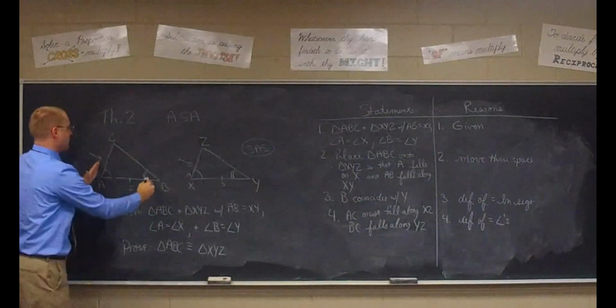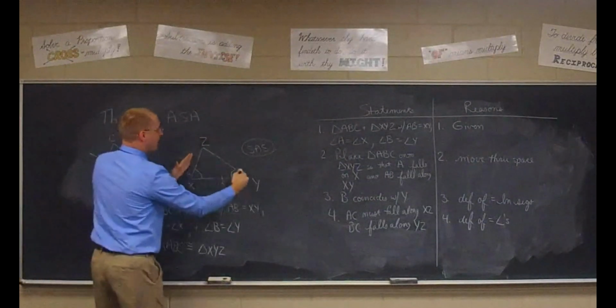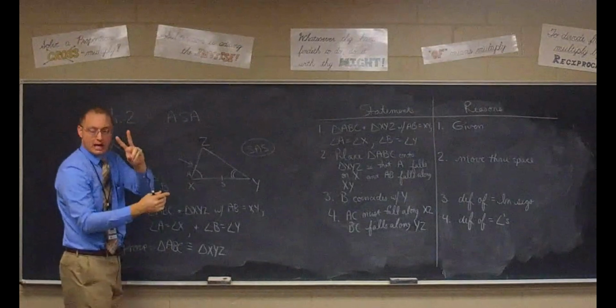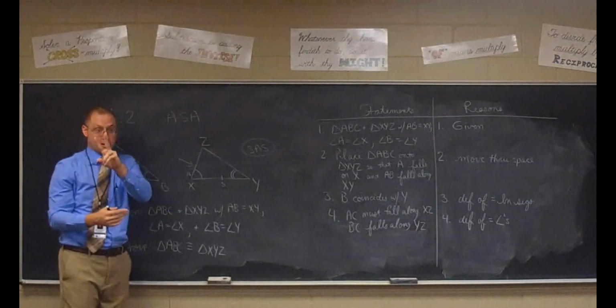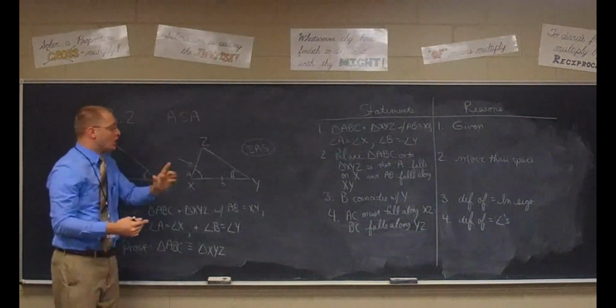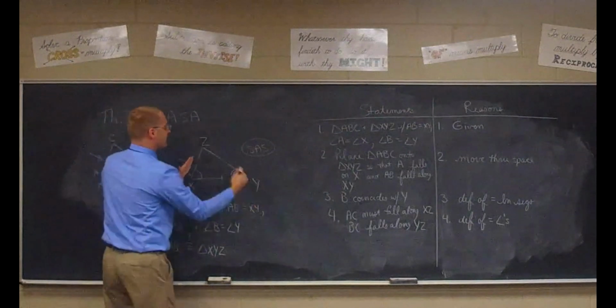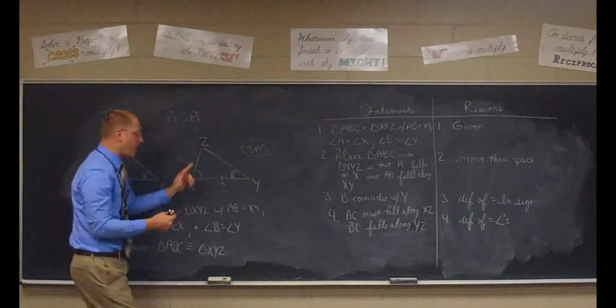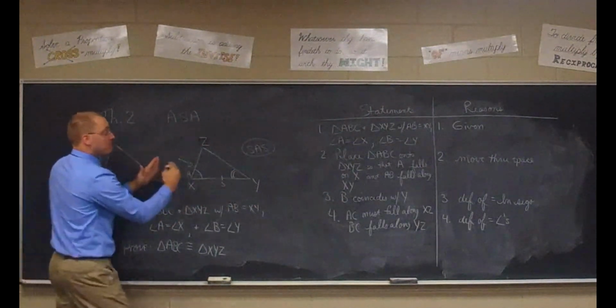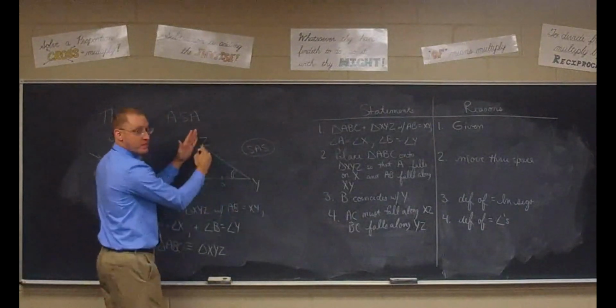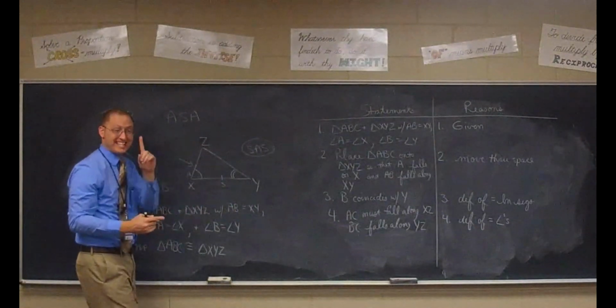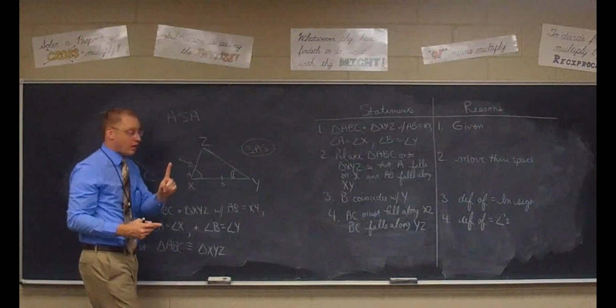These lines line right on top of each other, and two lines can only intersect at one point. So if XZ and YZ intersect at Z, and these two lines AC and BC now lie right on top of them, they can only intersect at the exact same point, correct?